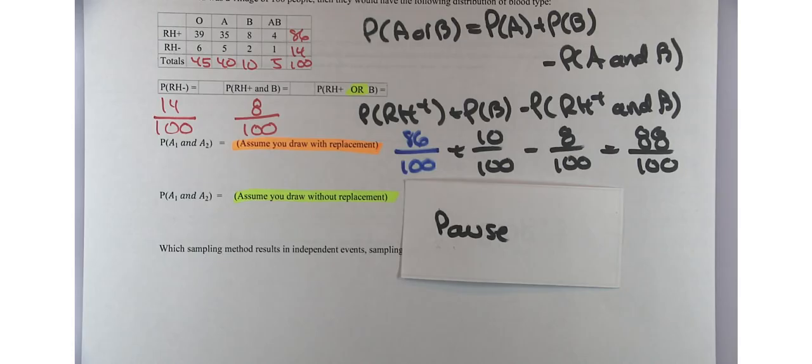You've got all the numbers you need. With replacement, you're always going to square, because nothing changes. Without, you just deduct. Yeah, so with replacement it's the square, and without replacement it's 39 over 99.